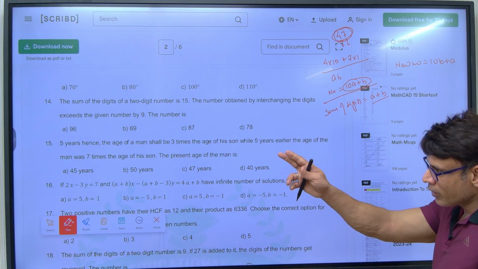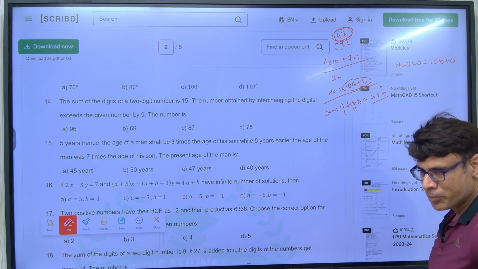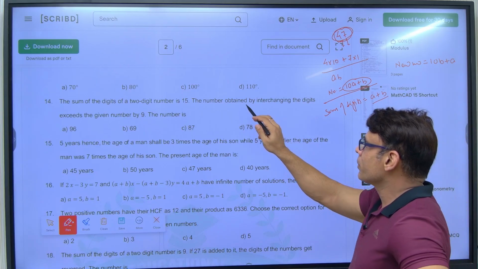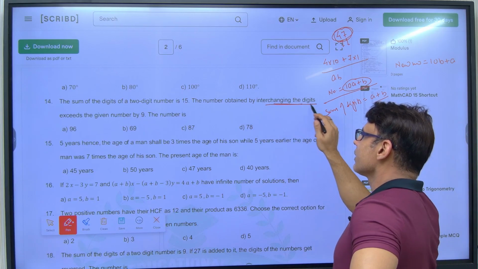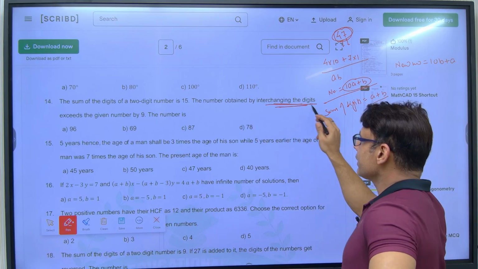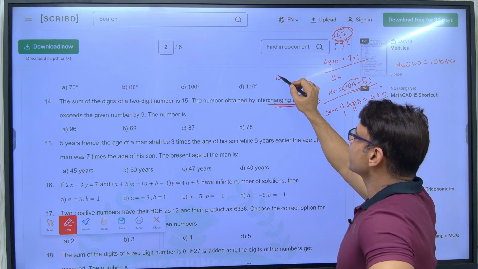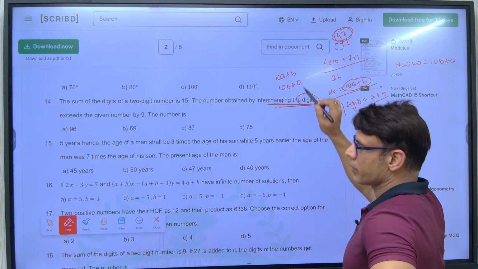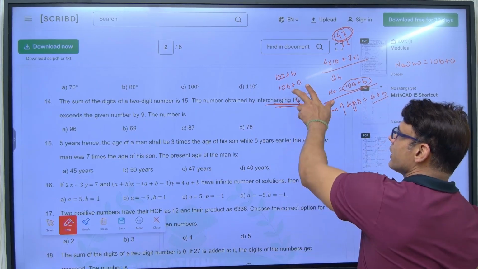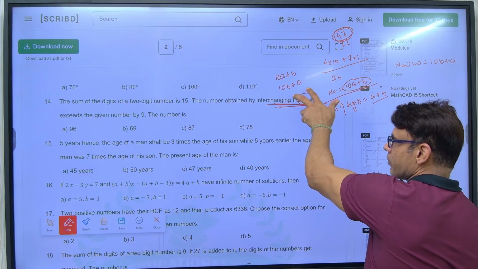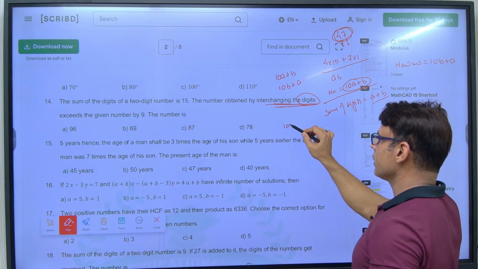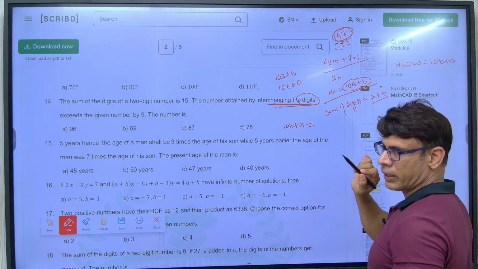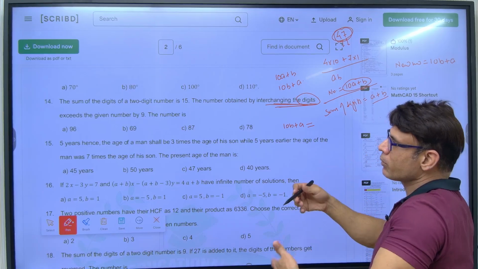Now what they are saying, the number obtained by interchanging the digits: if your number initially was 10A plus B, your new number is 10B plus A. Exceed means is more.